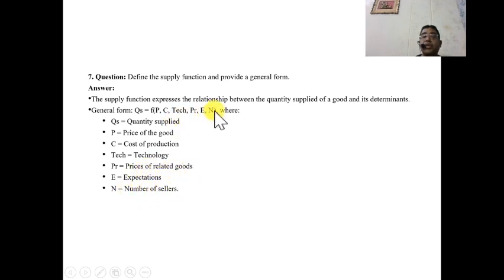You have to put those factors inside the bracket as a function which directly affects the supplied quantity.